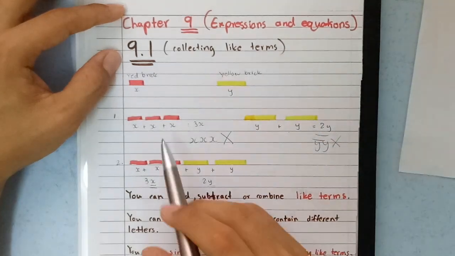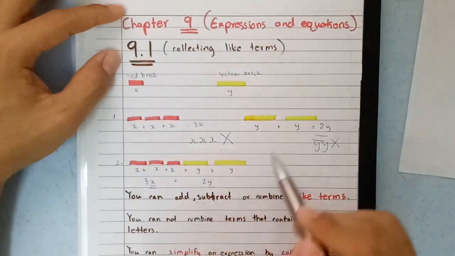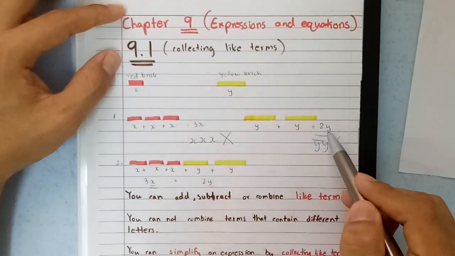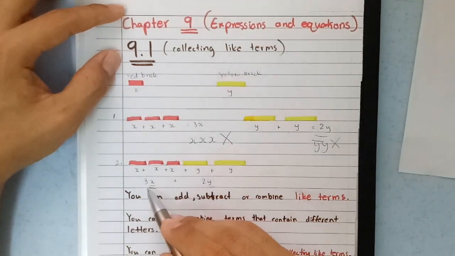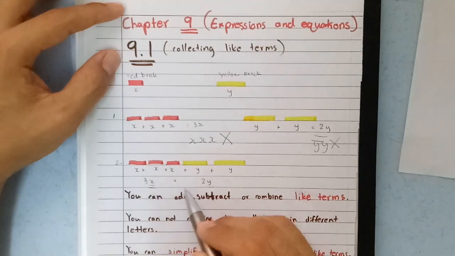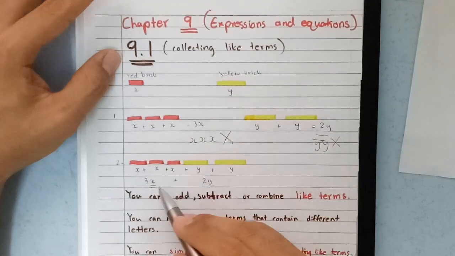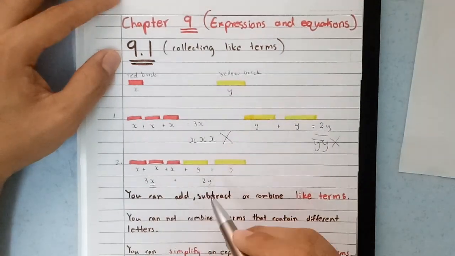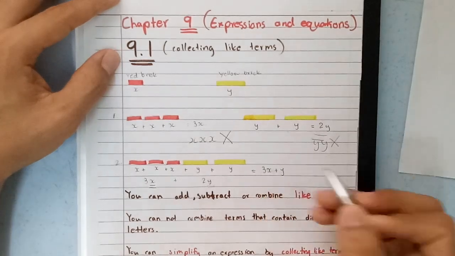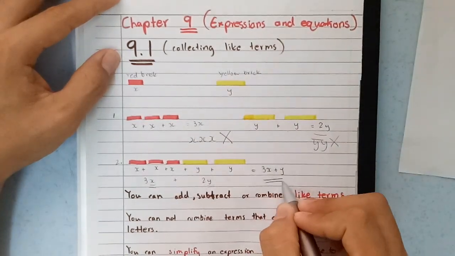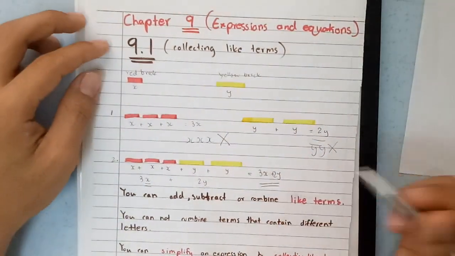We can add these 3 together because they are like terms, and we can add these 2 together because they are like terms, which means Y and Y are the same. But here, we have 3X and 2Y. X and Y are totally different things, so I cannot add them together. I will just leave it that way. So the answer will be 3X plus 2Y, because you cannot add unlike terms.